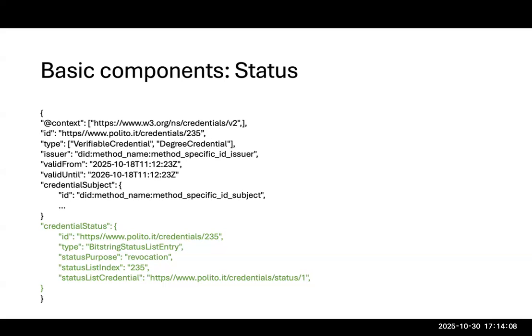In other cases, there are some solutions that decide to leverage the immutability feature of a DLT for storing those bit strings. And so here you will have the DID of that particular resource.